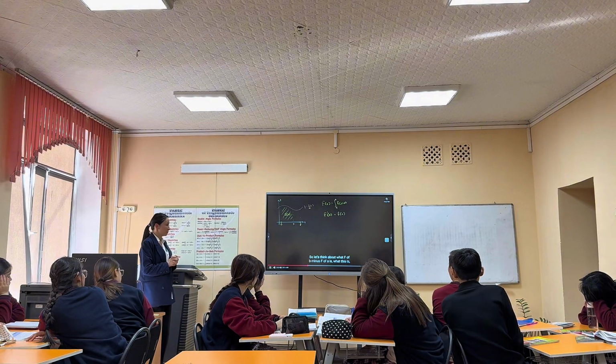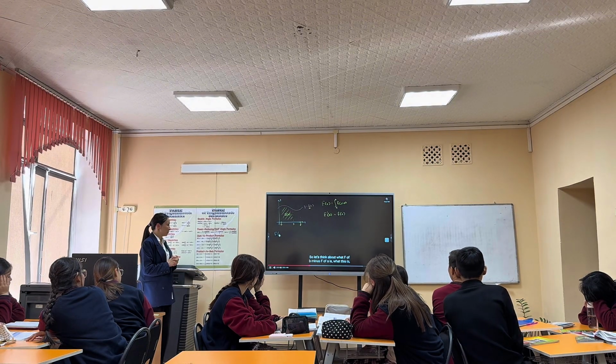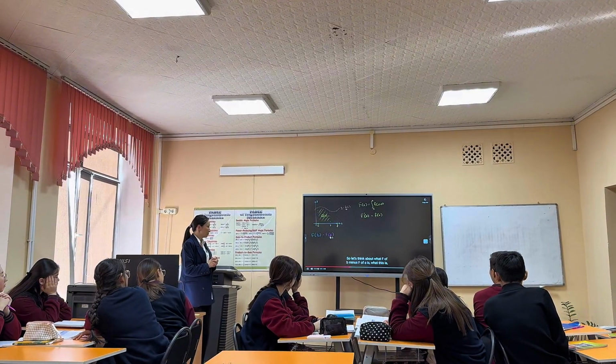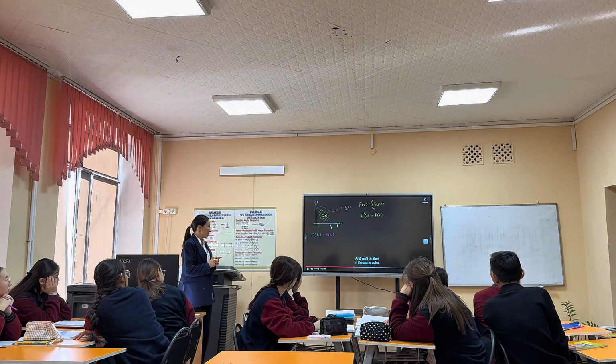So let's think about what f of b minus f of a is, what this is, where both b and a are also in this interval. So f of b, and we're going to assume that b is larger than a. So let's say that b is this right over here. We do that the same color. So let's say that b is right over here.